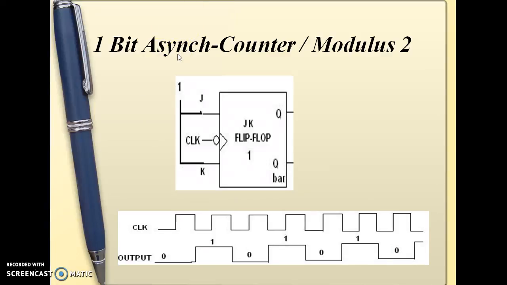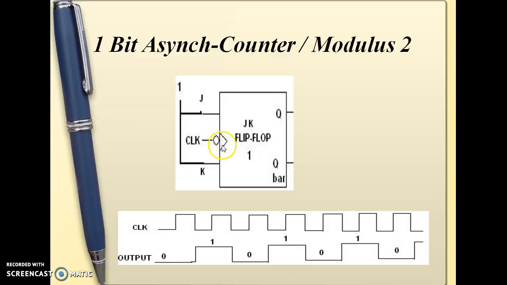Now let us see the basic type of asynchronous counter. It's a 1-bit asynchronous counter, or a mod 2 counter. This counter uses a JK flip-flop configured in toggle mode. In this, the J and K inputs are connected to high state to enable toggling.